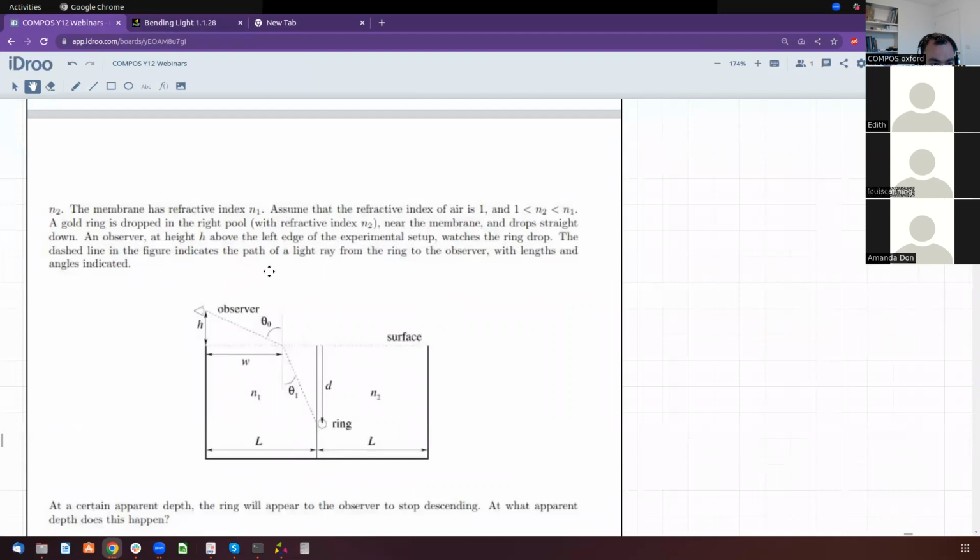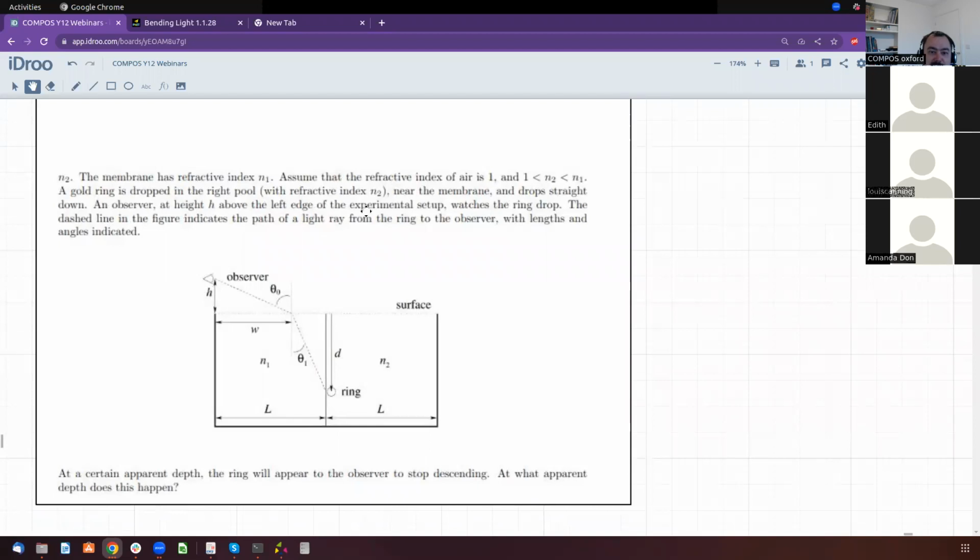A gold ring is dropped to the right pool with a refractive index of N2 near the membrane and drops straight down. An observer at height h above the left edge of the experimental center watches the ring drop. The dashed line indicates the path of the light ray from the ring to observer. At a certain depth, the ring will appear to the observer to stop descending. At what apparent depth does this happen?